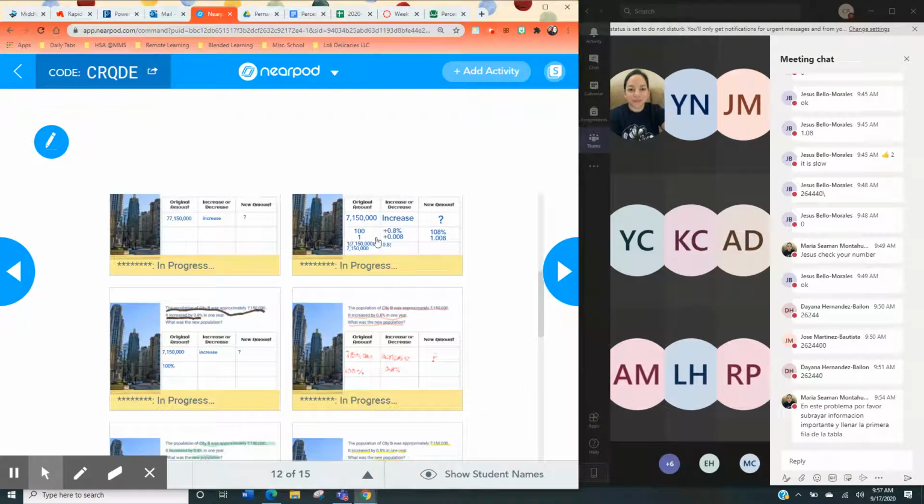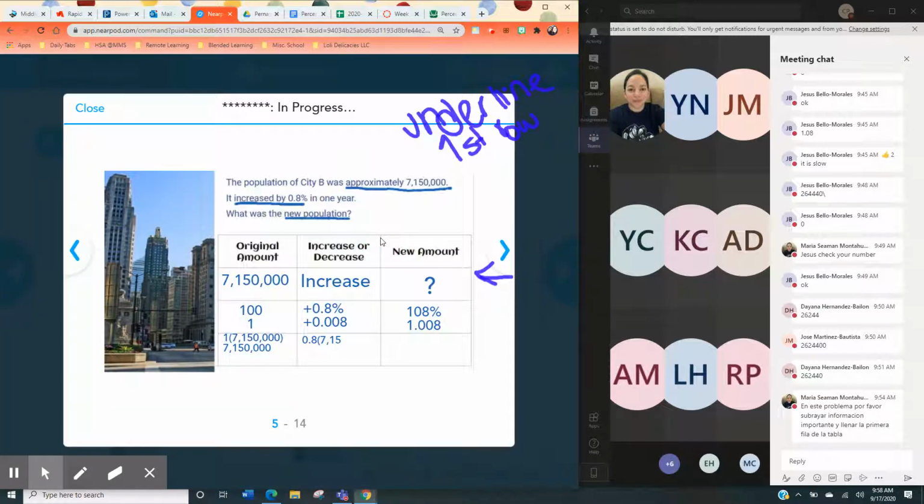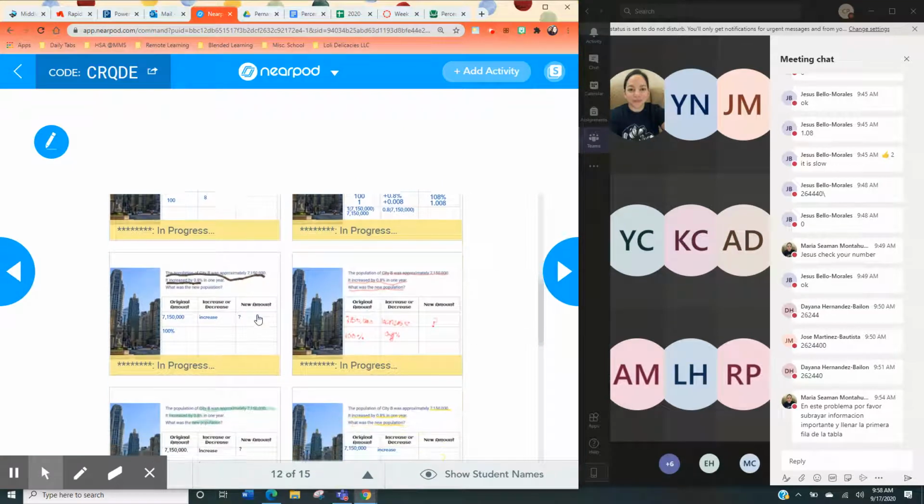Okay, much better here. Okay, this person right here, you made the changes. Very good. Now look at the decimal you're using. Make sure you're using the decimal, not the percent, to multiply. Remember, we're using our decimals to multiply, not our percent.